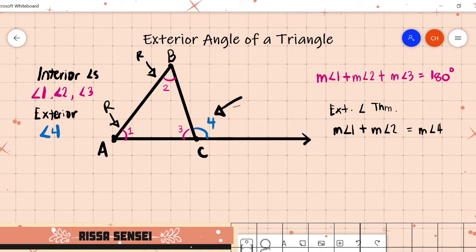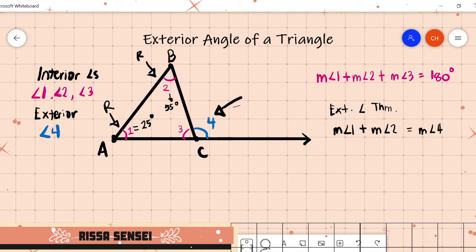Kasi, mag-try tayo. Mag-assign ako ng value. So, sabihin natin ito ay 25 degrees. Ito, sabihin natin ito ay mga 55 degrees.